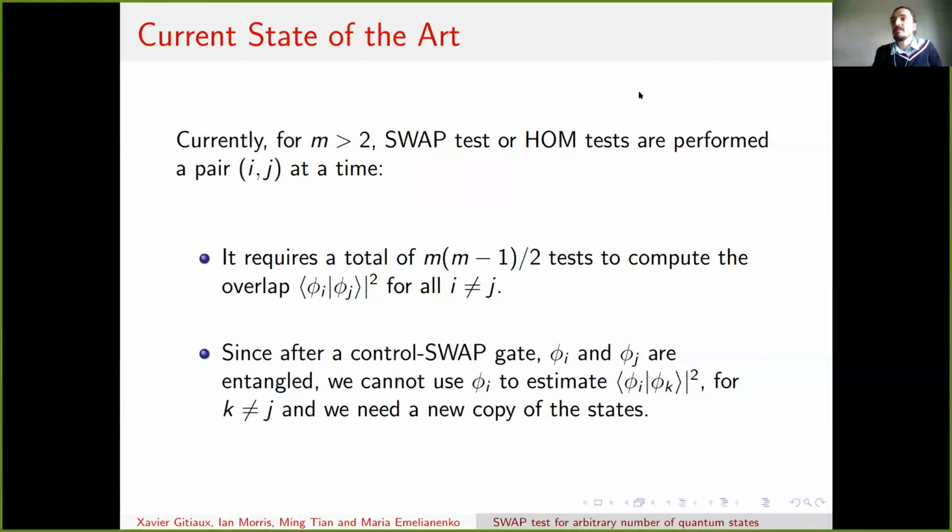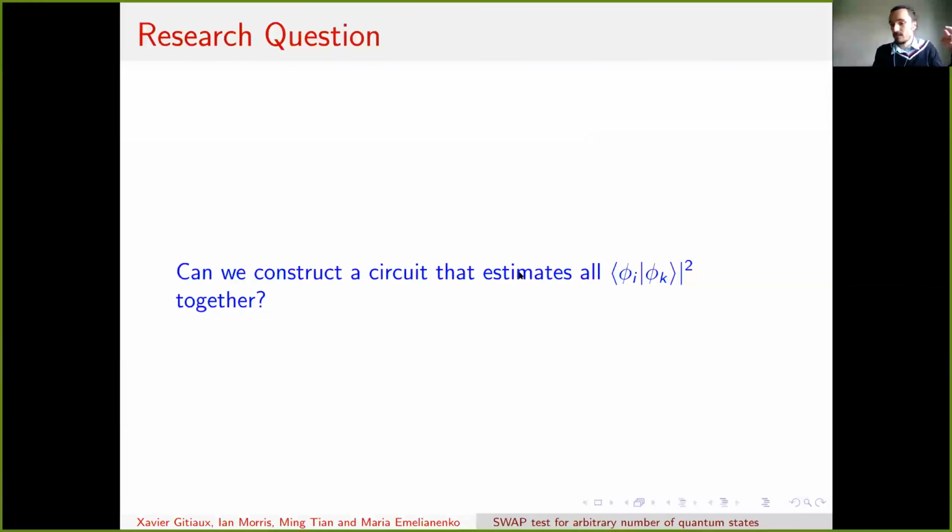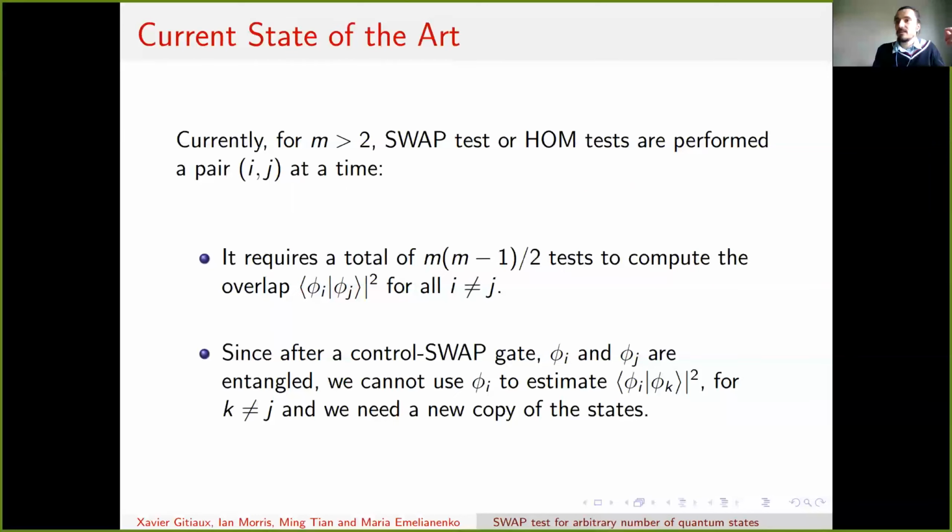And the second problem is that you cannot hope that once I have done phi1, phi2, I can still use the same phi1 to actually do phi1, phi3. It's unfortunate, but on the outset of my control swap gate, the phi1, phi2 are entangled, and so I cannot recover phi1 or phi2 and use it to now compute the inner product with phi3.